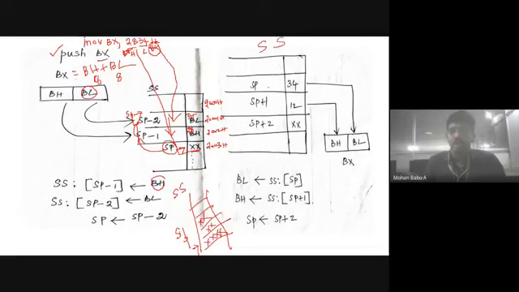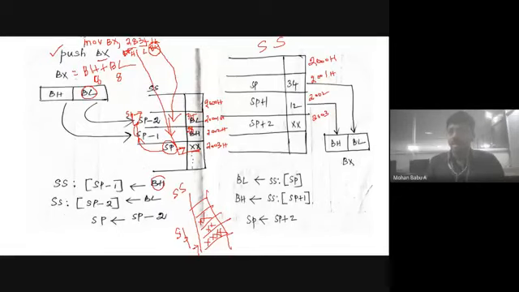The stack pointer will point to the data present on top of the stack. So 34, 12, XX. For example, this is considered as 2000H, this one is 2001, this one is 2002, this one is 2003.